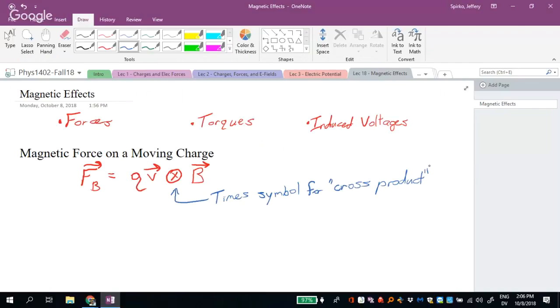And for the most part, we don't think of magnetic forces as being caused by this formula. Instead, we do it like this.